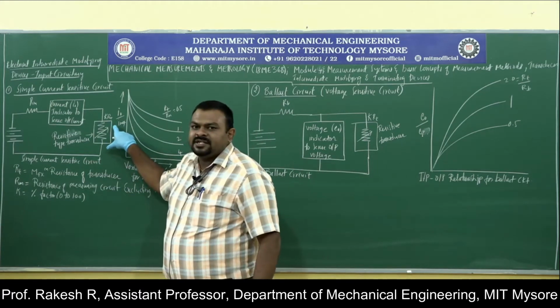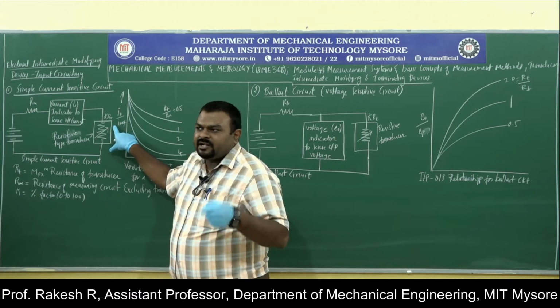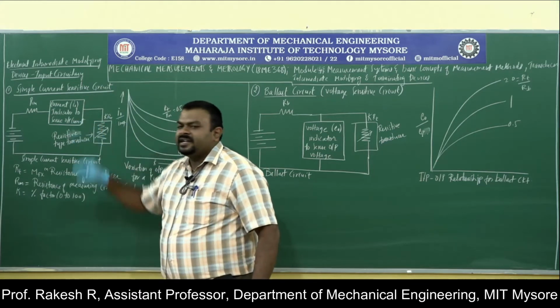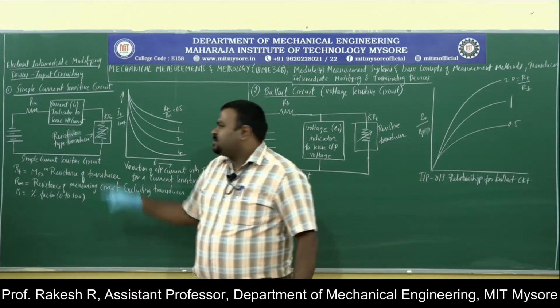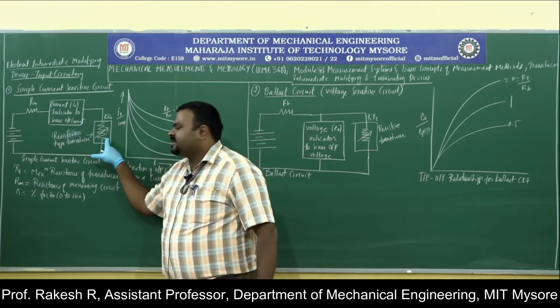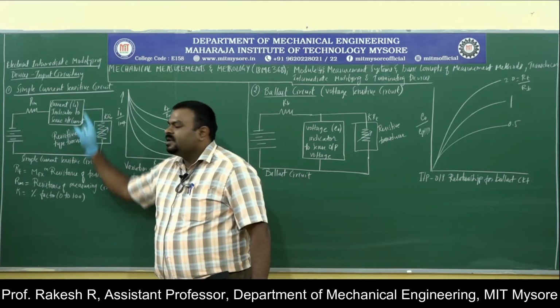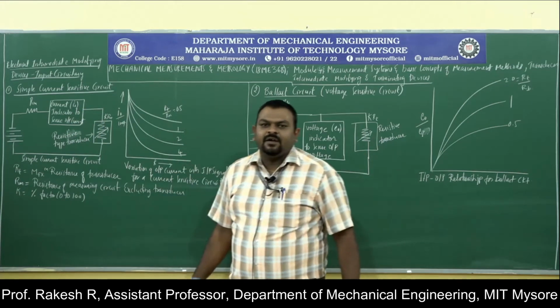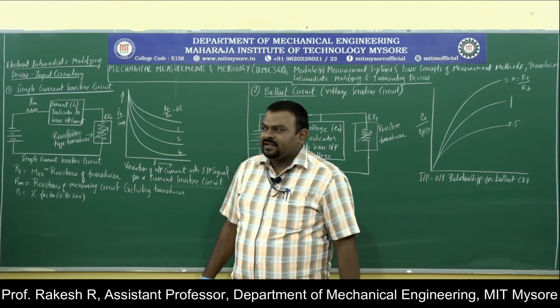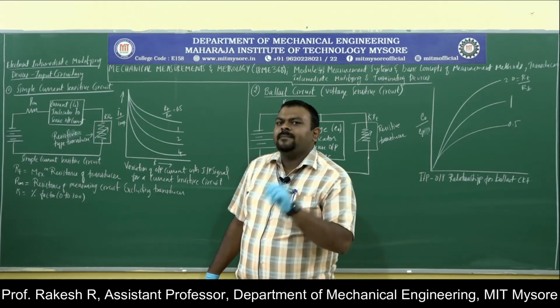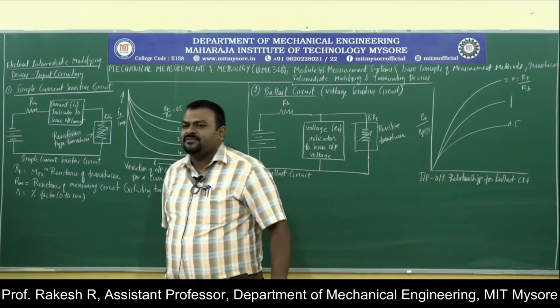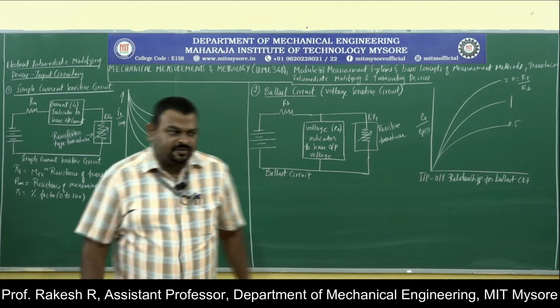So whenever there is a change in the rheostat or a resistance, then the current indicator will be changing because this is sensitive to this change in resistance, thereby the fluctuation or amplification will be happening. Let us see how the amplification will be happening in case of a current sensitive circuit.